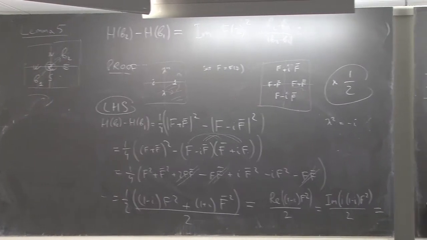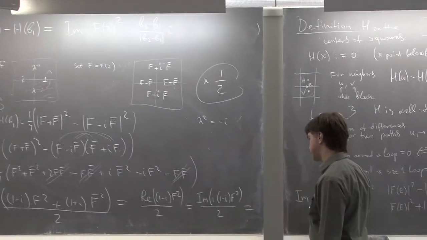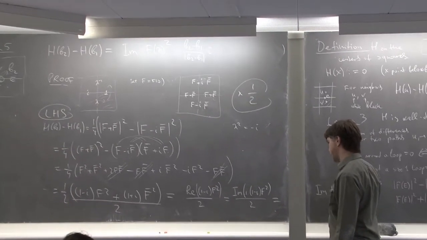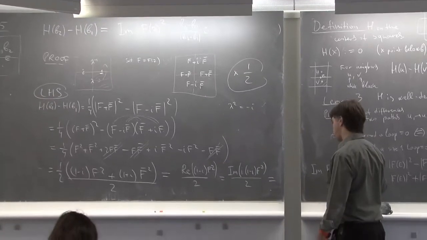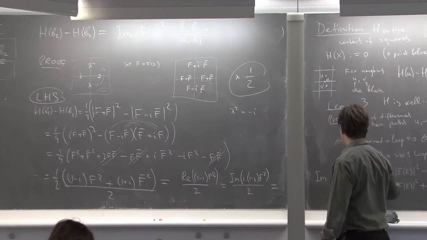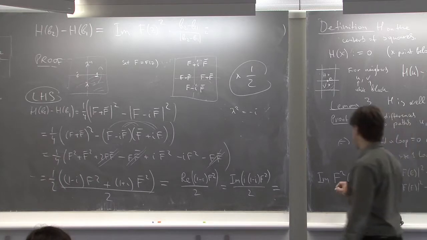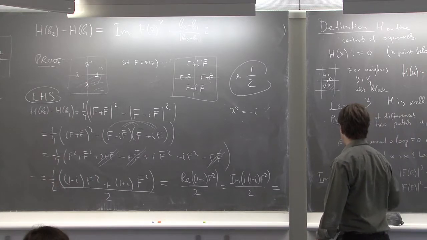So it's the imaginary part of f squared times 1 plus I divided by 2.